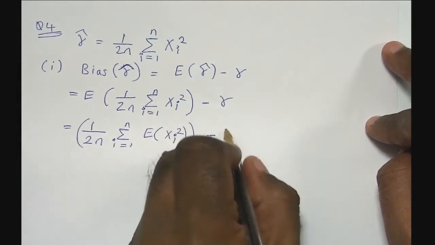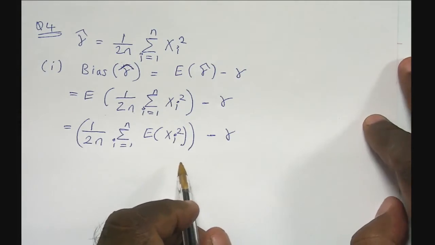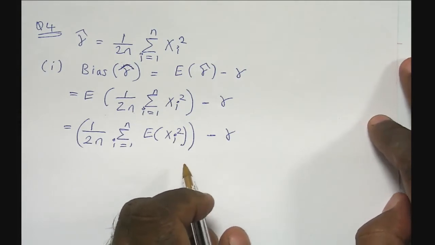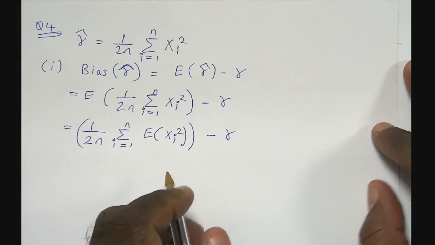You get this, guys. Now, to find the expectation of x_i squared, what do you guys do? You are given a PDF, so what do you need to do, guys? You need to integrate. You need to integrate, exactly.